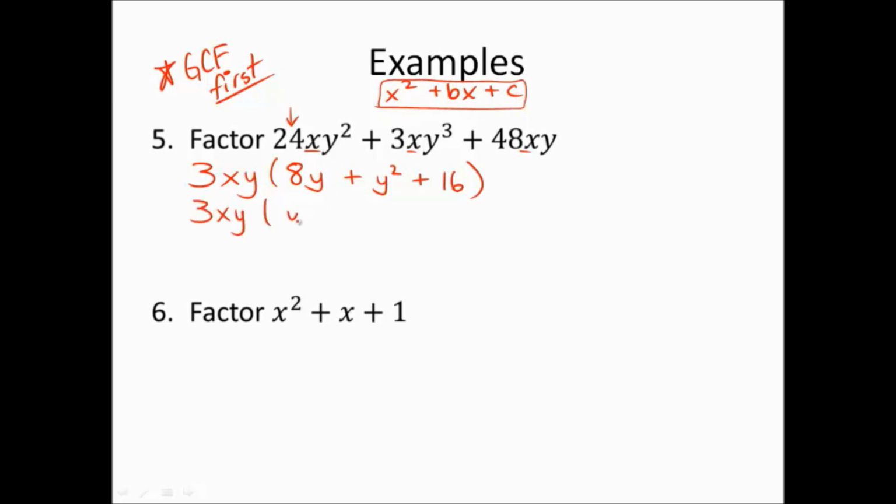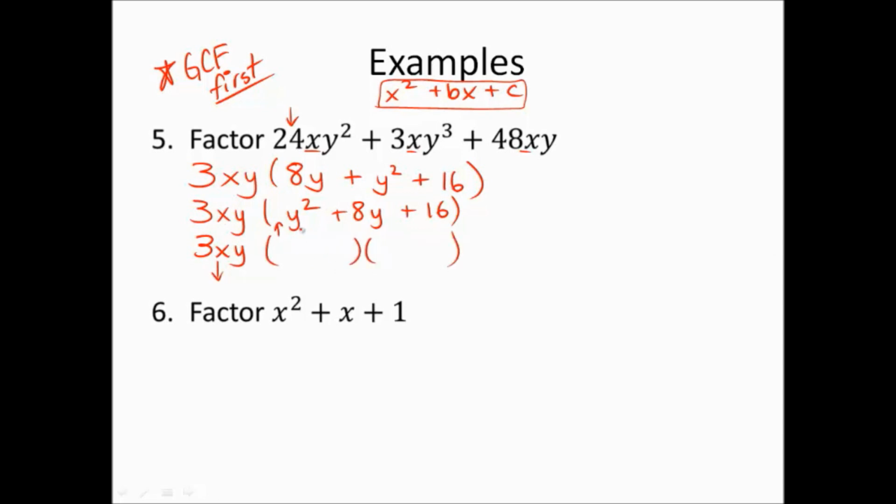The positive 1y squared should go first. The 8y term should go in the middle. And the 16 is the constant term, so it should go at the end. So now we have a polynomial with leading coefficient 1. In fact, a trinomial with leading coefficient 1. Great. So this 3xy just keeps hanging out until the very end.